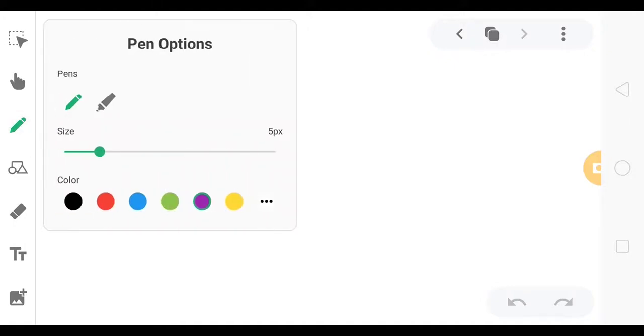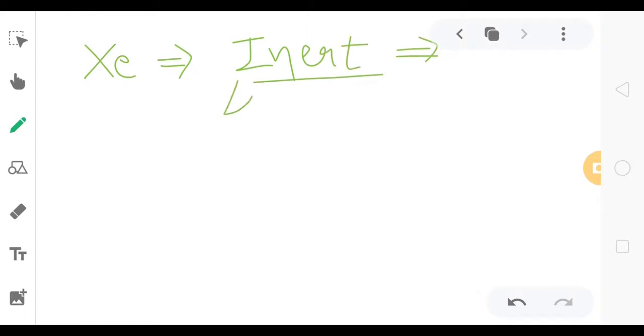One more thing: how do these xenon reactions come into play? Initially these gases were said to be inert. Why were they said to be inert? Because generally they do not react, okay?